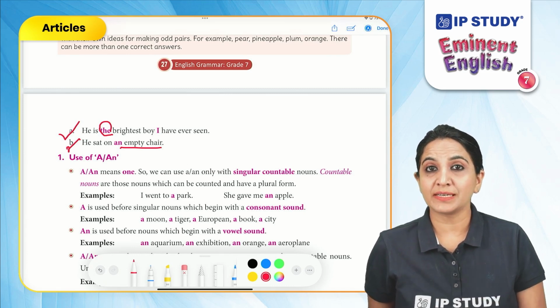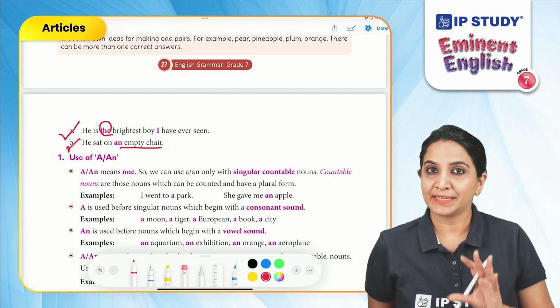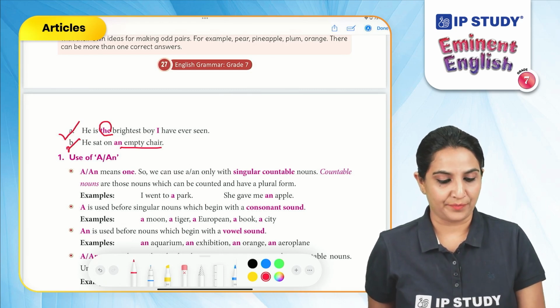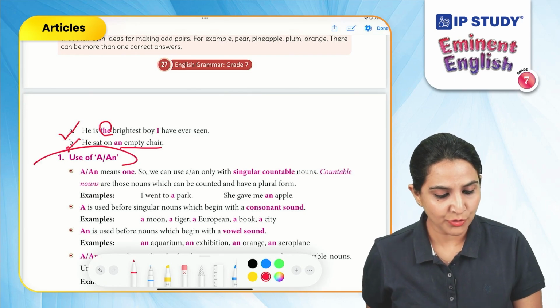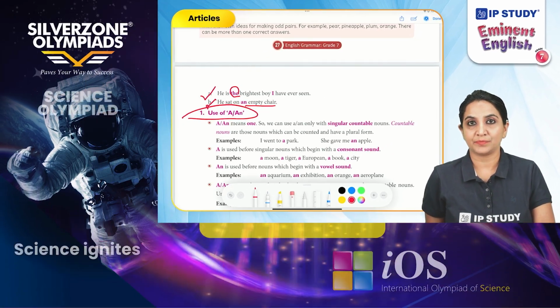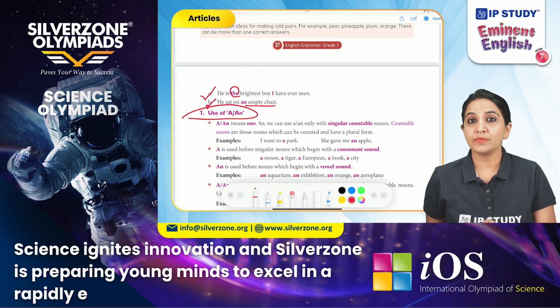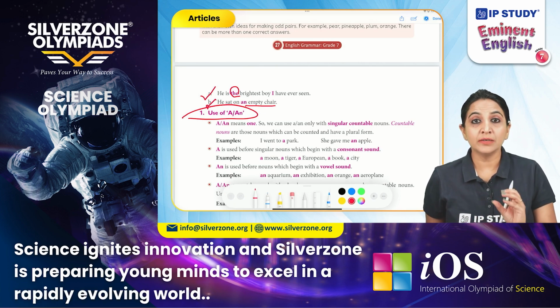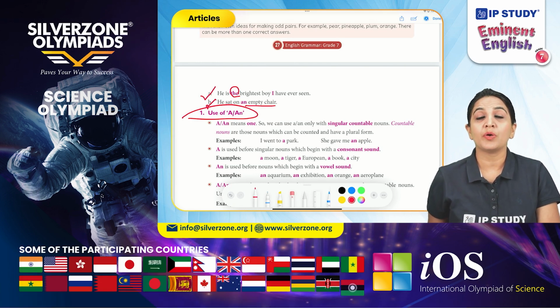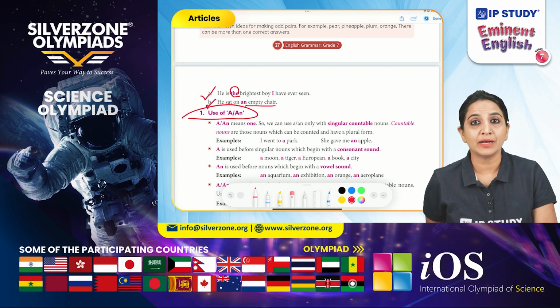We're going to study them in detail now. Now, articles a and an. How to use a and an in the sentence? Firstly, always remember that a and an mean one. That means you're going to use them with singular nouns.